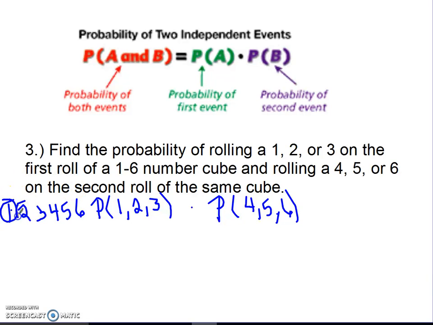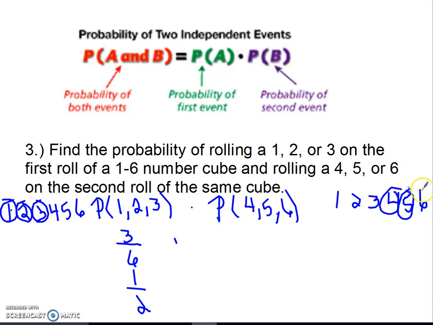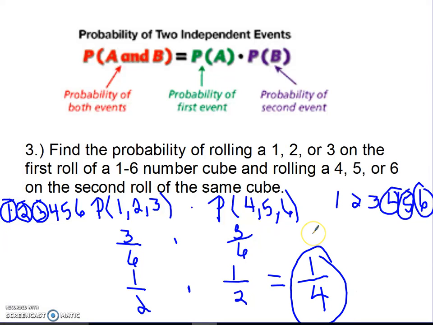There's only 1, 2, and 3. So there's 3 out of 6, which simplifies to 1/2. And then if we look at the second roll, there's 4, 5, and 6. So that's also 3 out of 6, which simplifies to 1/2. Top times top, bottom times bottom, I'm going to get 1/4.